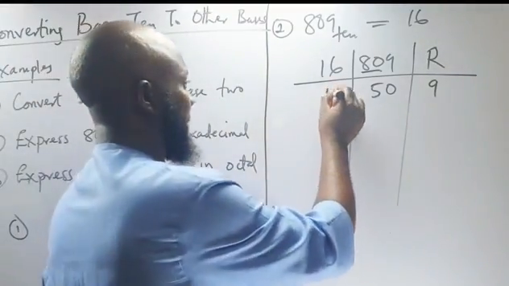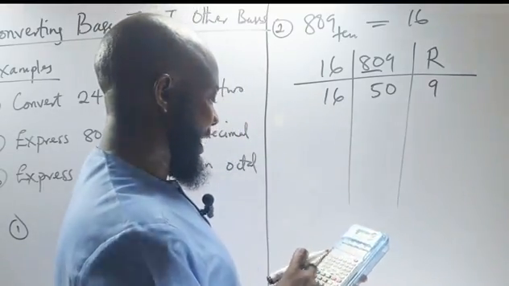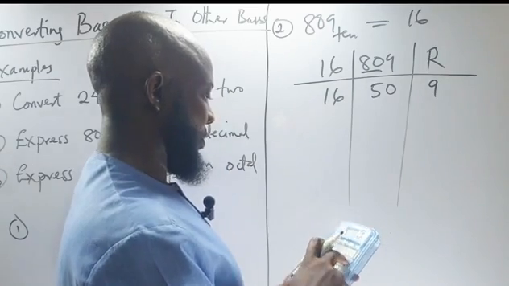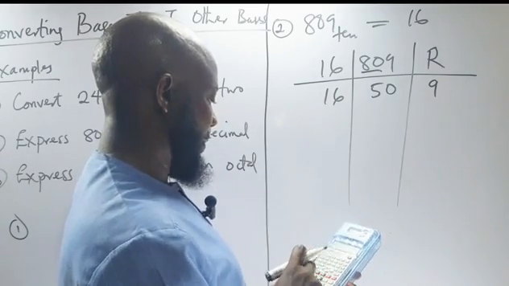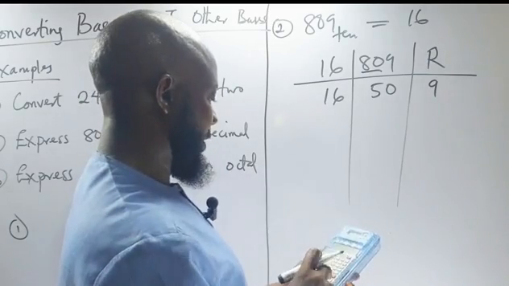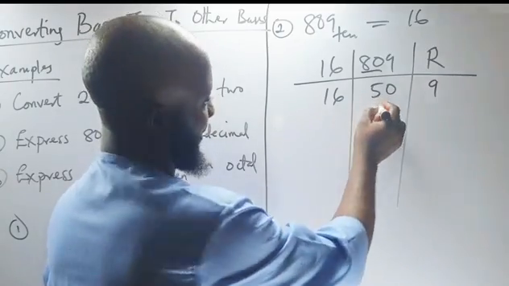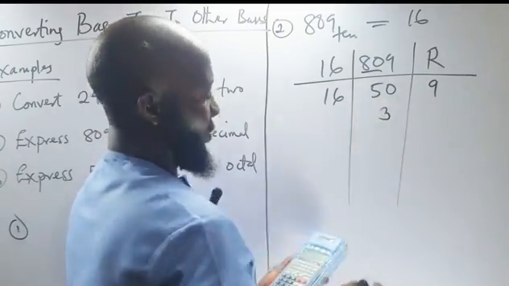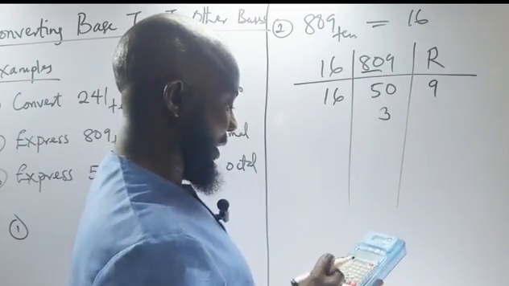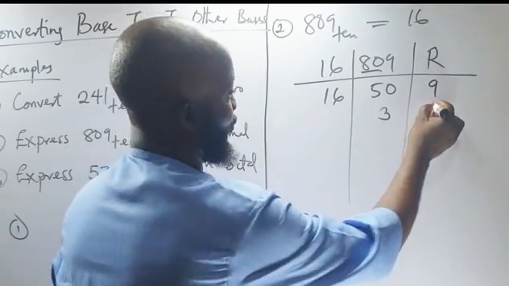Then 16 again. 50 divided by 16 gives 3. 16 times 3 gives 48, remainder 2.